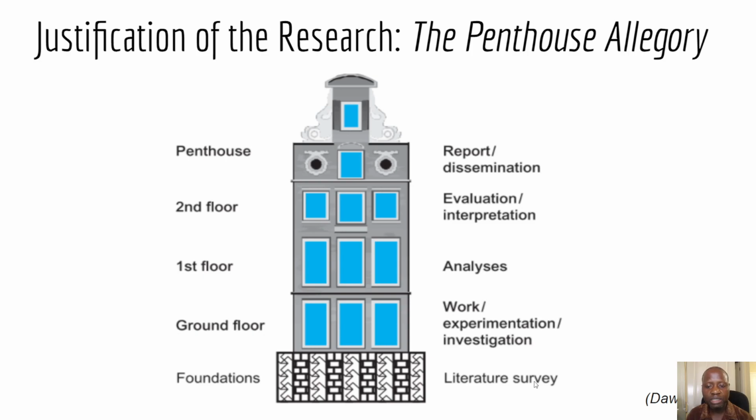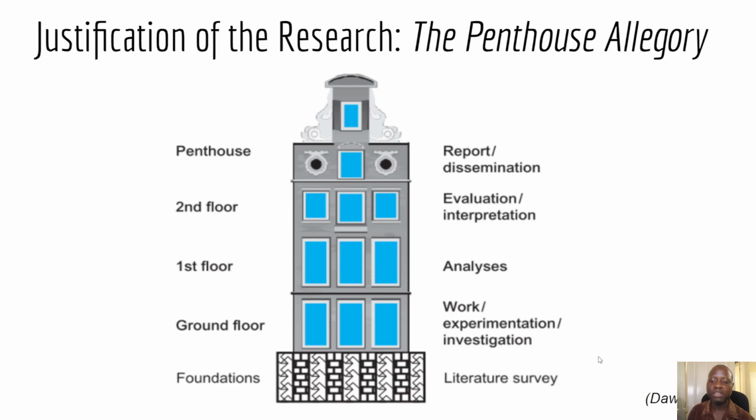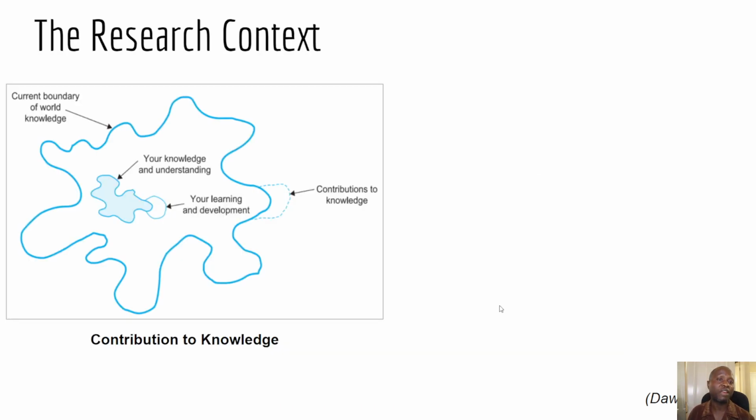The foundation is the literature survey, and of course, the groundwork now is the work, experimentation, investigation. So it is grounded. The whole of your research project is based on the foundation, which is the equivalent of the literature review. After that, you do some analysis, evaluation, interpretation, and you write your dissertation towards the top. But the whole foundation of a research project is based on the literature review or literature survey, right?